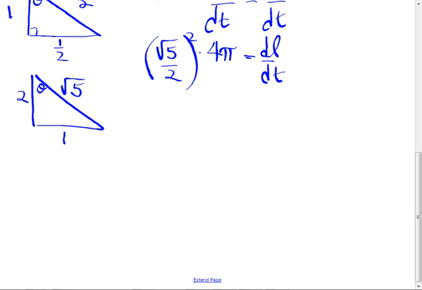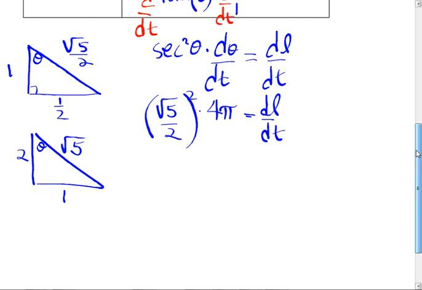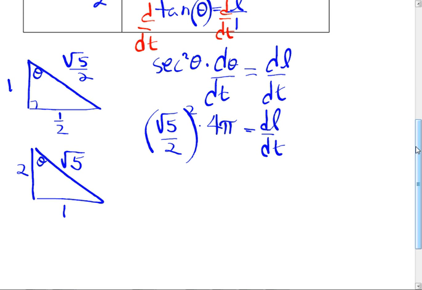So what's that going to give us? I just put the secant in right there. That's kind of cool. The secant of my angle is the hypotenuse over the leg, and we're going to square it. I didn't find the angle.